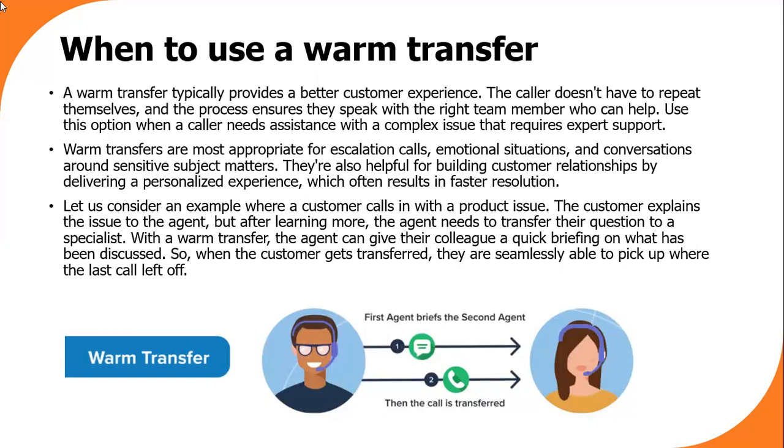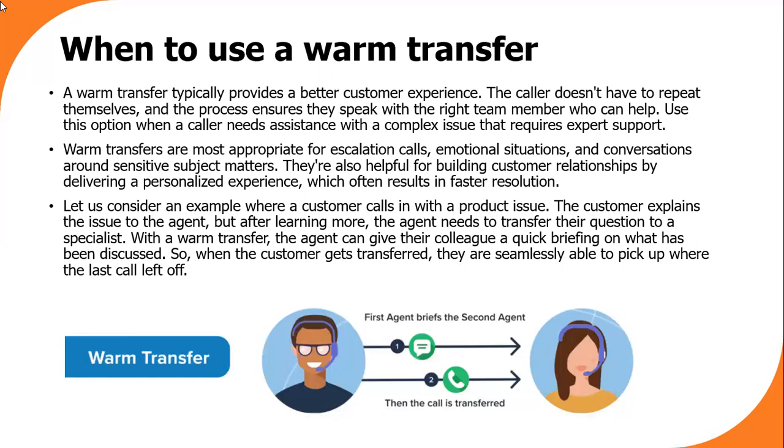Okay. So let's take a look and let's clarify here. It is recommended to use warm transfer in most cases because this results in a better customer experience. This is because the customer will not have to repeat themselves to another representative, and this will ensure that the person is speaking with the right person that can help them, okay?